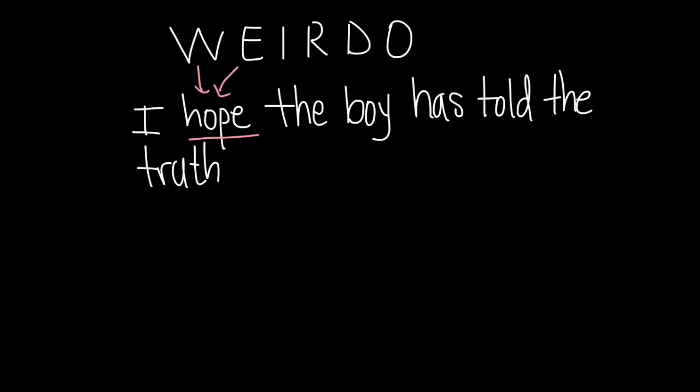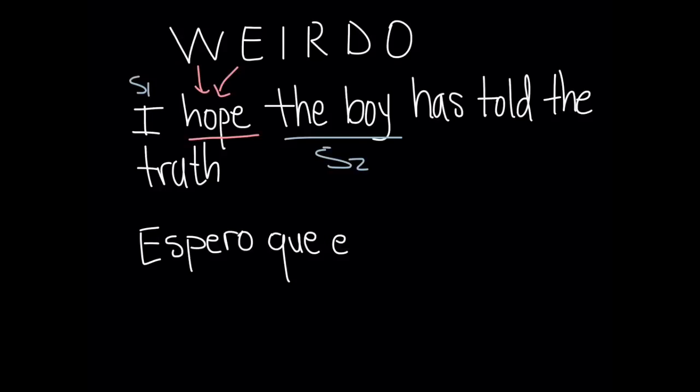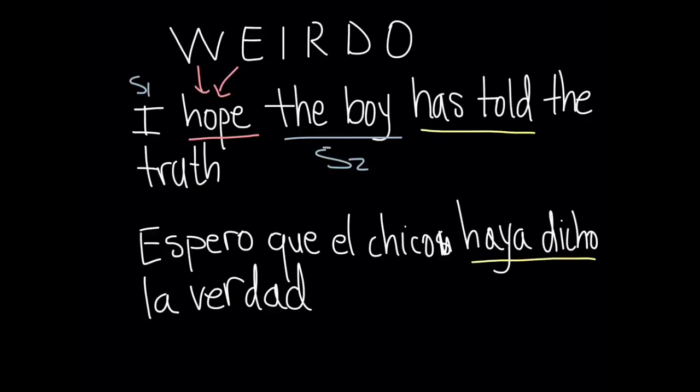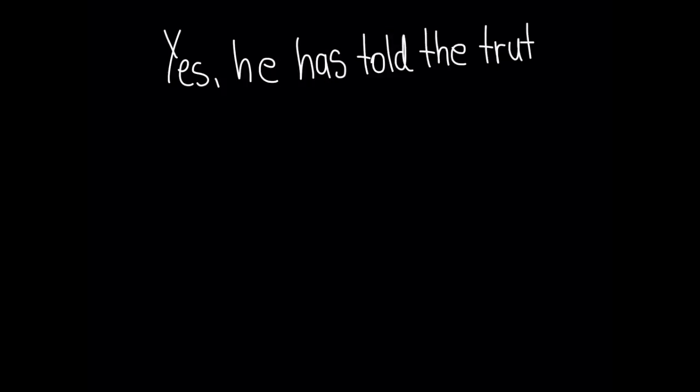So hope is a verb of influence and expresses desire or wish. I is subject 1 and the boy is subject 2. So the Spanish equivalent will be, espero que el chico haya dicho la verdad. Now notice that has told is also the equivalent of the subjunctive. Now if I say yes, he has told the truth.